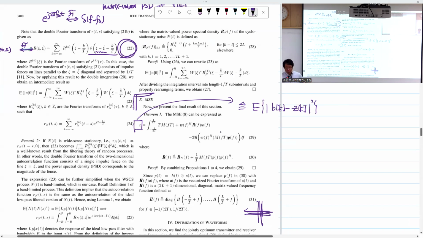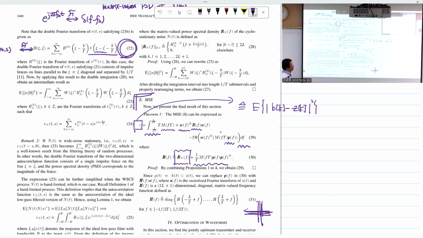And this symbol estimation error is now transformed to a finite length interval integration in terms of the power spectral density of the data sequence M of F, the vectorized Fourier transform of the received waveform, the vectorized Fourier transform of the overall transmit pulse, and the 2D power spectral density of the received signal, R of F, which is the summation of the possibly additive white Gaussian noises, additive cyclostationary noises' 2D PSD, and the 2D PSD of the desired component.